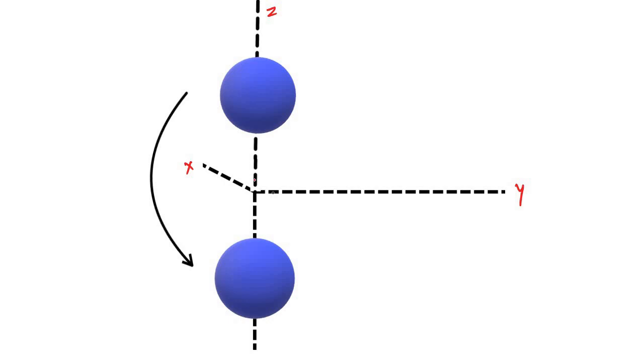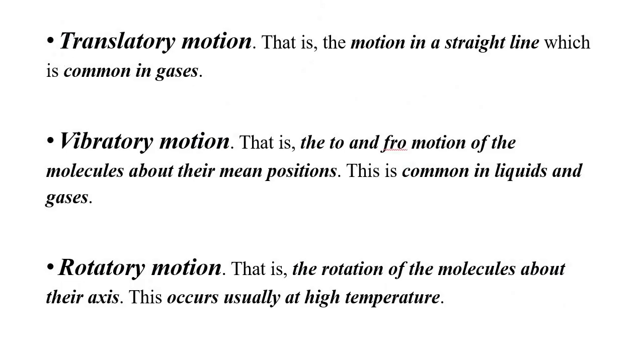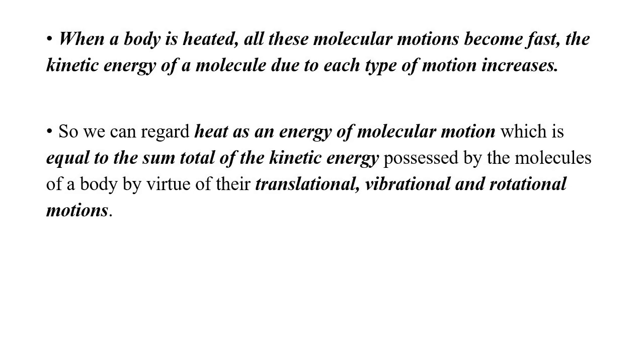So here the molecule is initially on the positive z-axis, so it moves to the negative z-axis, and this rotation happens along the x-axis. So this is the rotatory motion. So we have the random motion of molecules, which can be categorized into three sections, that is the translatory motion, vibratory motion, and rotatory motion.